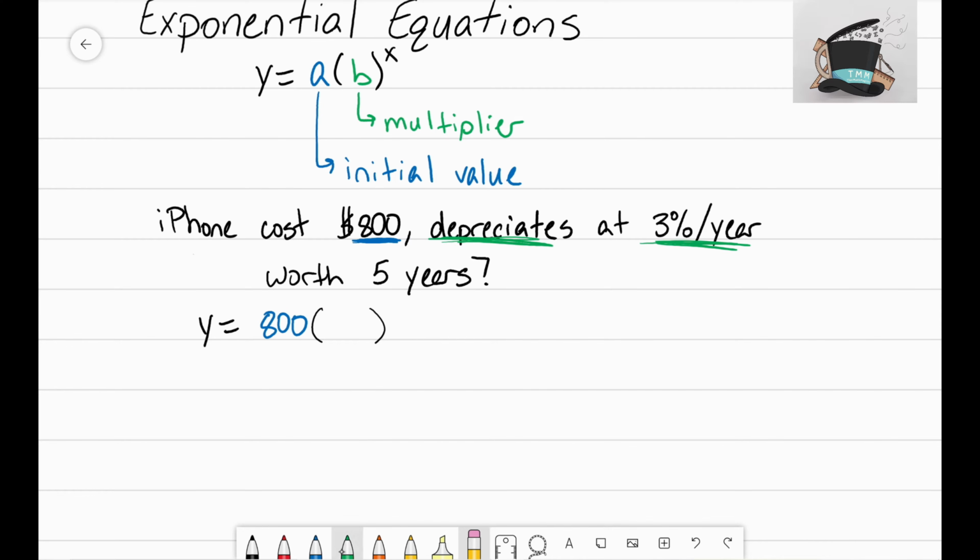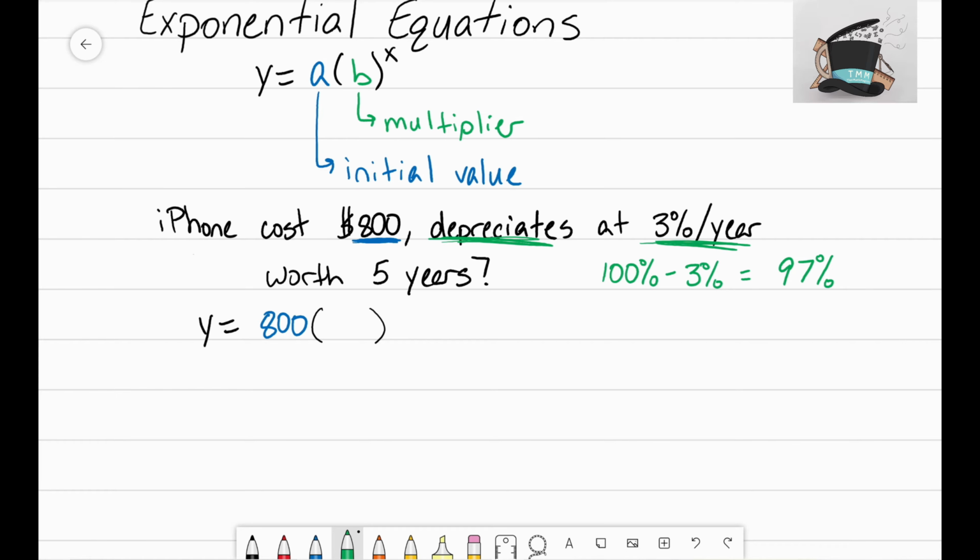And here's how we switch the 3% going down every year into a decimal. Let's realize that we start off at 100%, right? Whatever we're starting with, my iPhone has 100% of its value. I know that it's losing 3% every year. So 100% take away 3% would give me 97%.